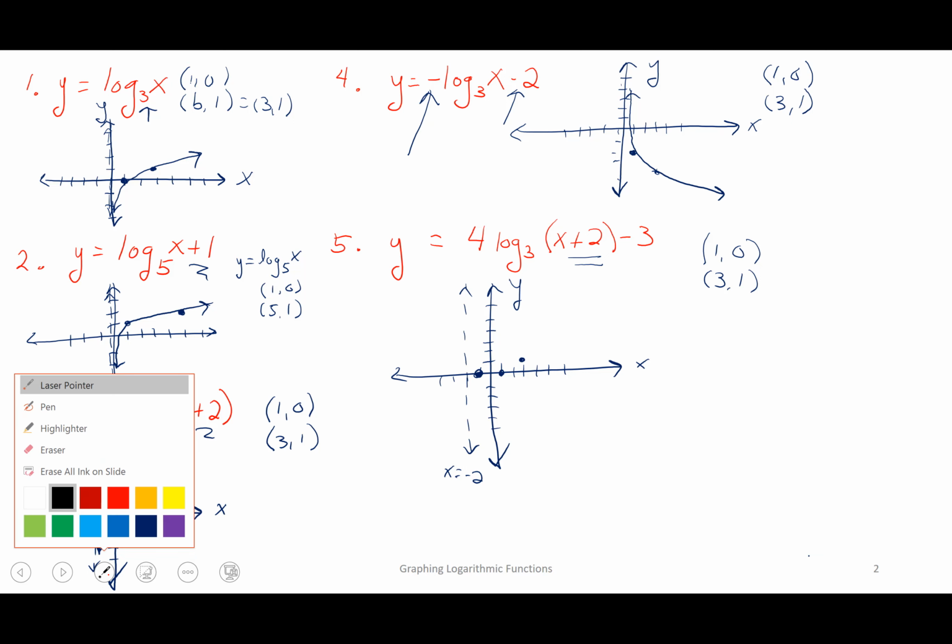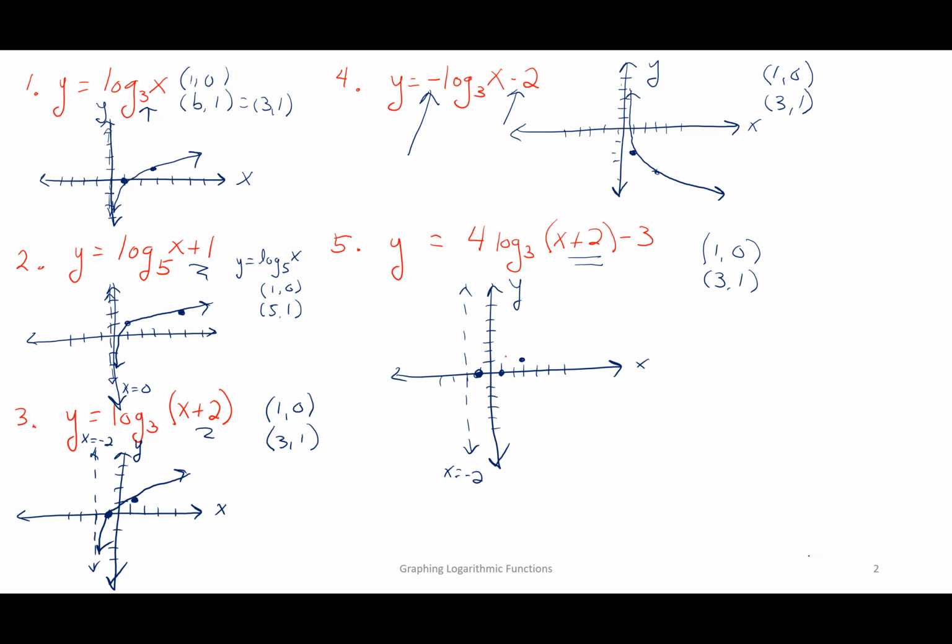I just got to fix the laser pointer here. Now, when we multiply the first point by 0, that point just wants to be there, so I'm going to leave it there. It doesn't change anything, but when we multiply the second point by 4, it goes up. So let's put it up there. 1, 2, 3, 4.